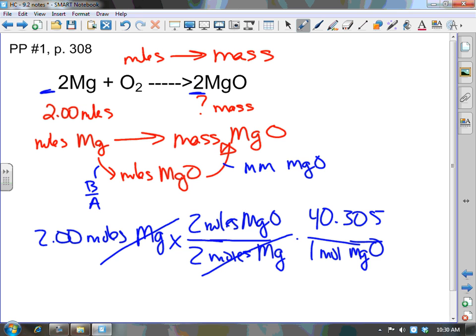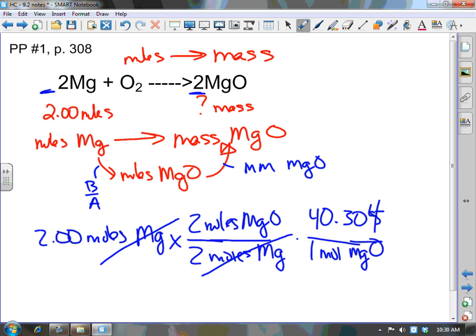So now we have the molar mass of magnesium oxide, and all we're going to do is multiply everything out in this calculation. And we do this 2 times 2 over 2, that all cancels out. So basically it's 2 times 40.305. Actually, I think I said 40.304. Again, depending on which periodic table you have.